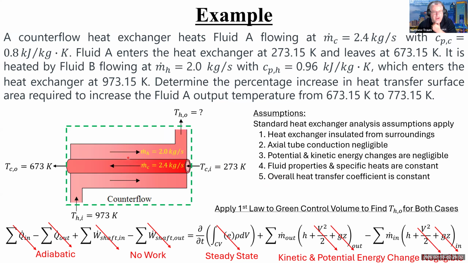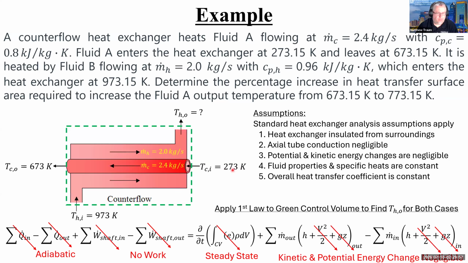Okay, so I'm going to start every energy thermal fluids problem with a sketch. Here's my sketch. This is my counterflow heat exchanger. I have cold fluid entering in the center, and I have hot fluid in the shell on the outside.